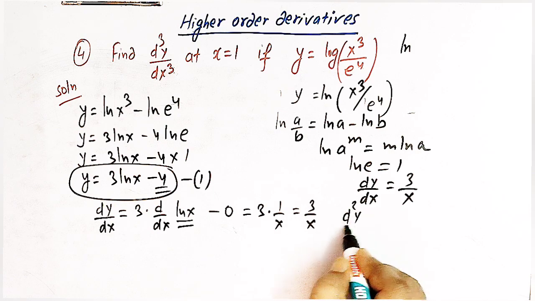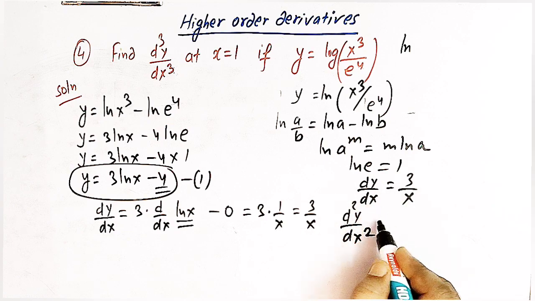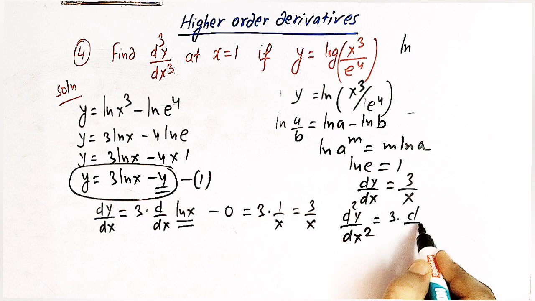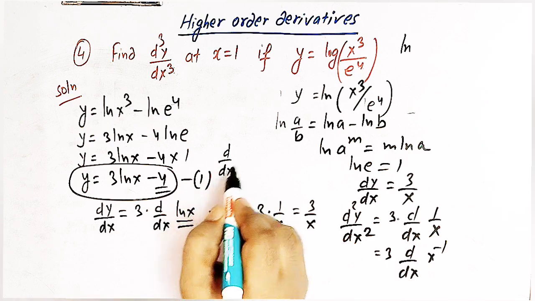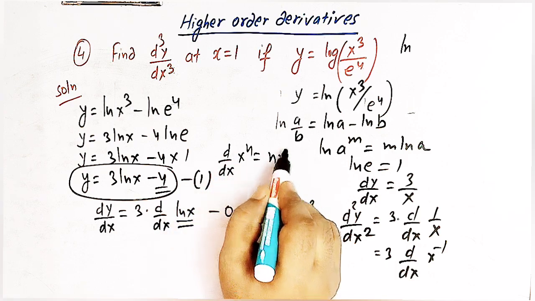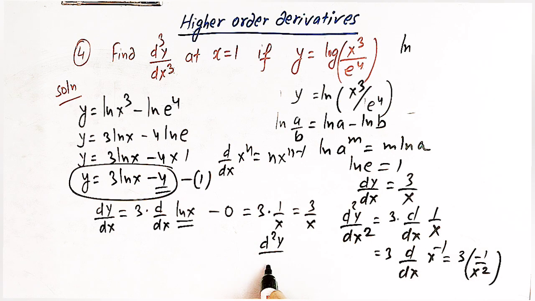Now the second derivative is given by differentiating both sides with respect to x. We have 3 times the derivative of 1 over x, that is 3 times the derivative of x raised to minus 1, and using the power rule, n x raised to n minus 1, we have 3 times minus 1 over x square. So the second derivative d2y over dx2 is minus 3 over x square.